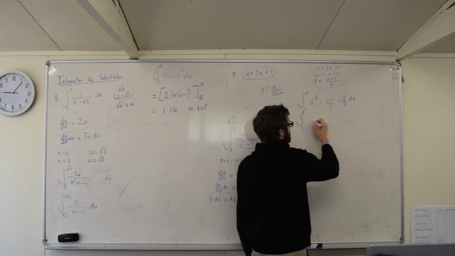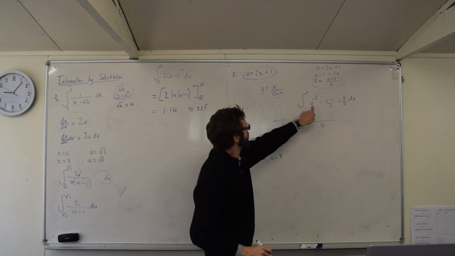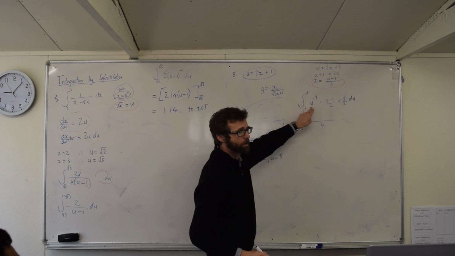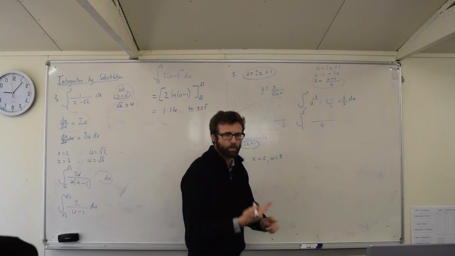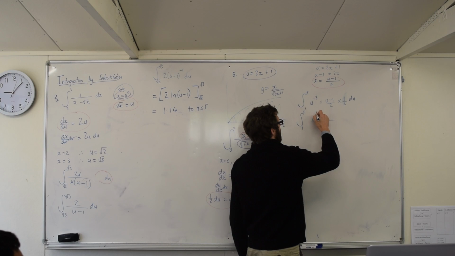Our denominator is going to be 4. Then in it, we're going to have 2 terms, right? We're going to have u to the minus 1/2 times u, add the indices when we're multiplying, so it'll be u to the power of half.